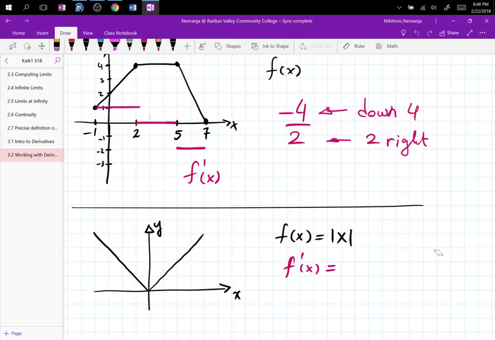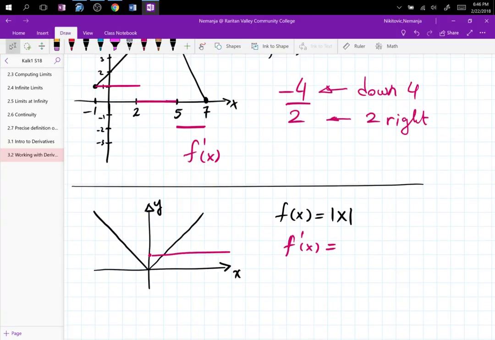To infinity. Good. So it's 1. How about the other part? Negative 1. Put one open circle, the other one closed, because you can't have both of them. So what's that in terms of our function? It's negative 1 for x less than 0, and it's positive 1 for x larger than or equal to 0.